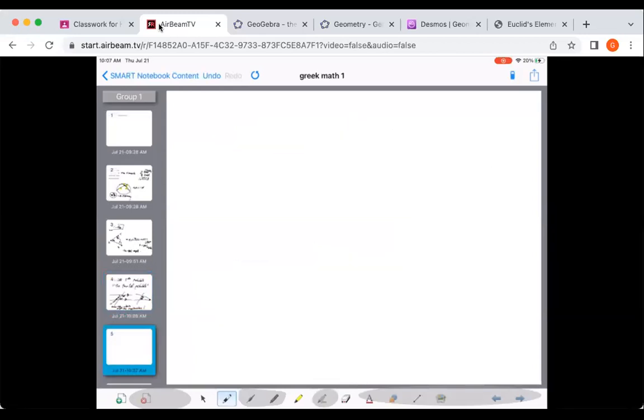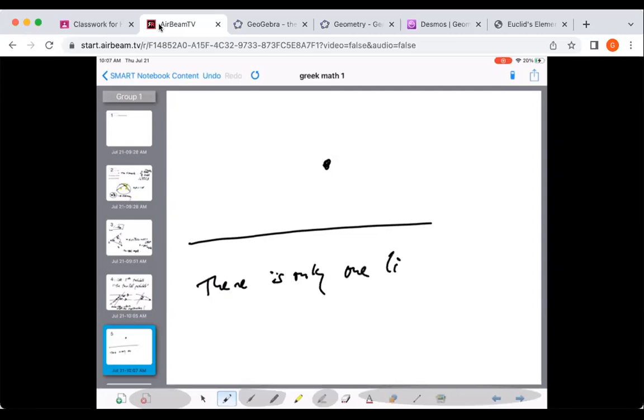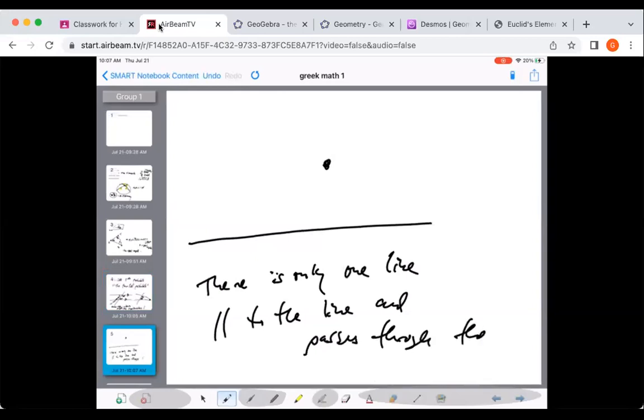For instance, as a result of it, it would also mean that if I have a line and a point, there is only one line that is parallel to the line and passes through that point. In other words, this is the one and only line. There's only one, it's unique, that there's only one line you can make that would be both parallel to the given line and passes through that point.